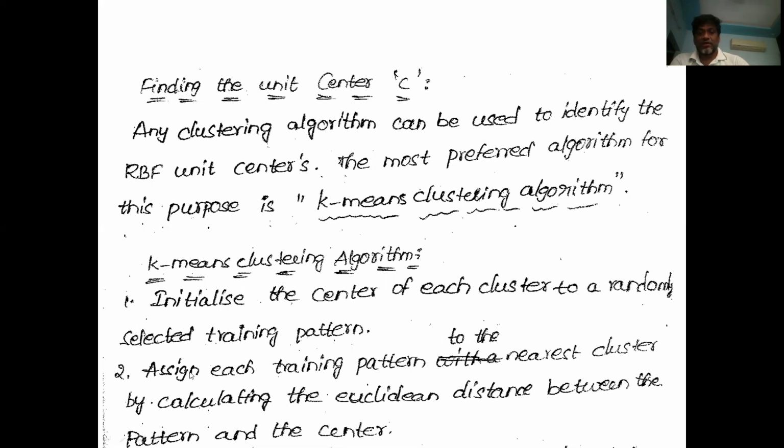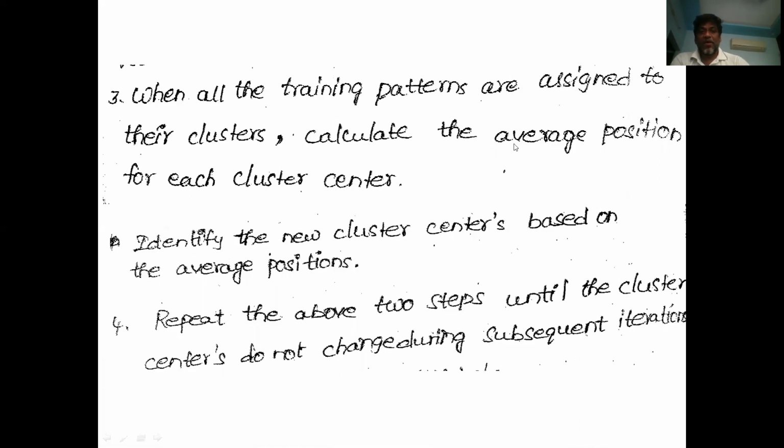Okay, so once you calculate the Euclidean distance between every input pattern and the center that is under selection, and all the input patterns are assigned to their clusters, then calculate the average position for each cluster center.